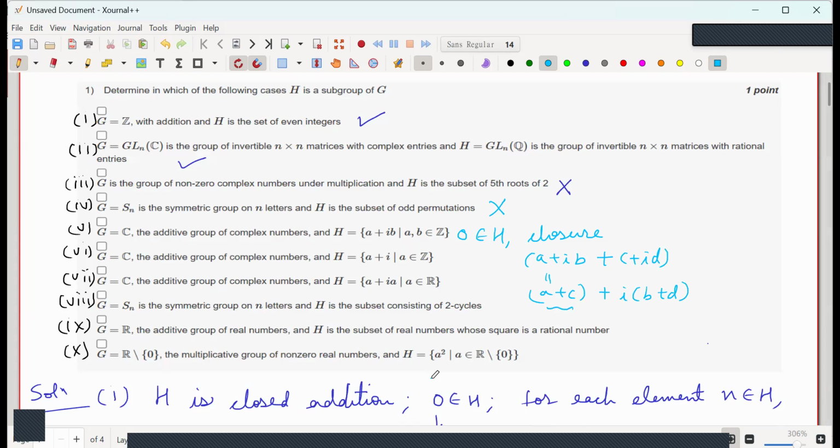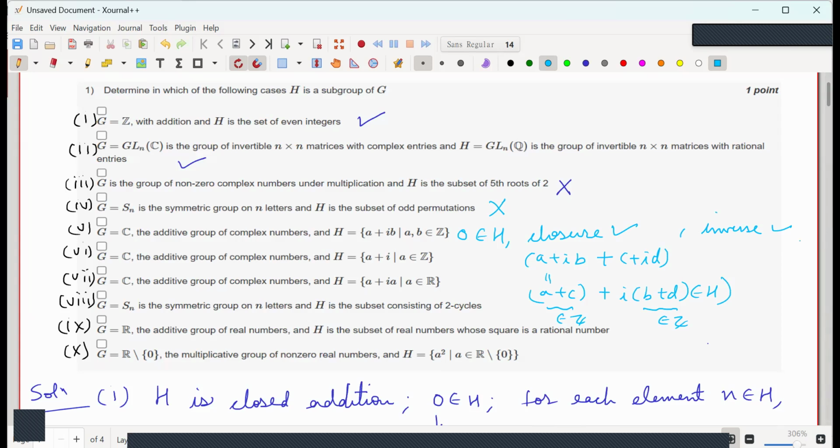This again belongs to Z, and this again belongs to Z, so this is again inside H. So closure is there. It contains elements of the form A plus iota B, with A and B inside the set. Inverse also: the inverse of A plus iota B is minus A minus iota B. So I just leave it like that. You can verify the details.